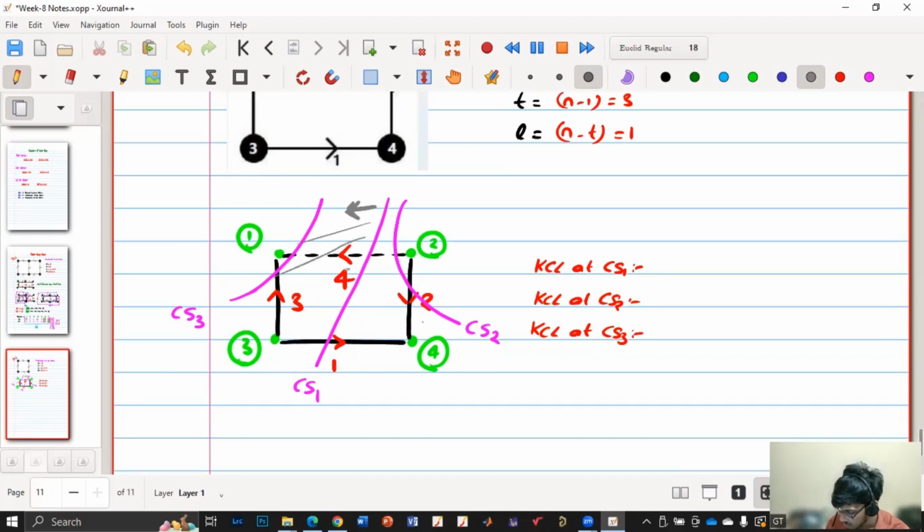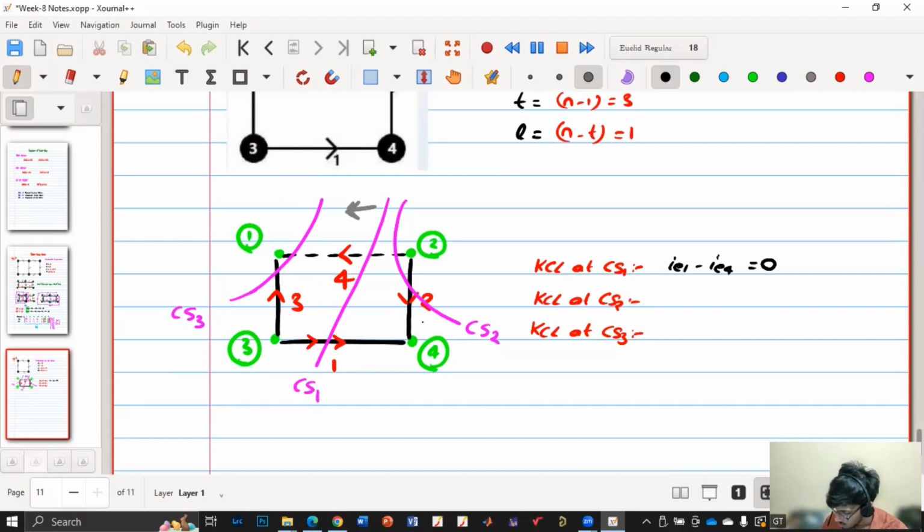We'll consider only this region. This current is like this and this current is like this. So what will be the expression in terms of IE1, IE4? Twig current is positive. So accordingly, the convention is decided. IE1 minus IE4 is equal to 0.